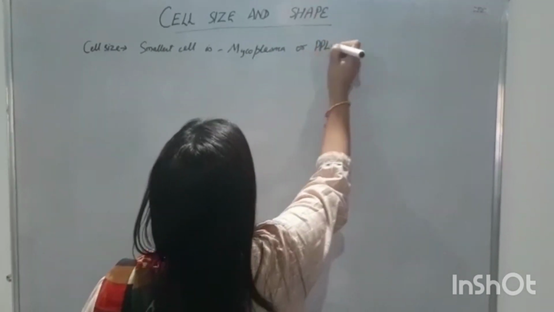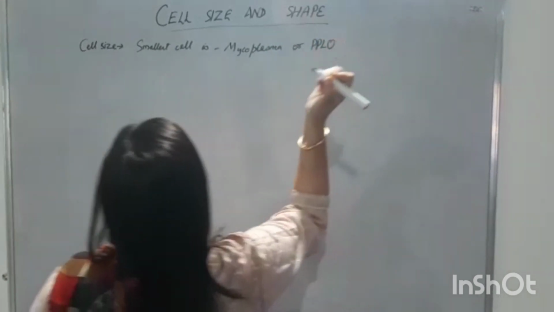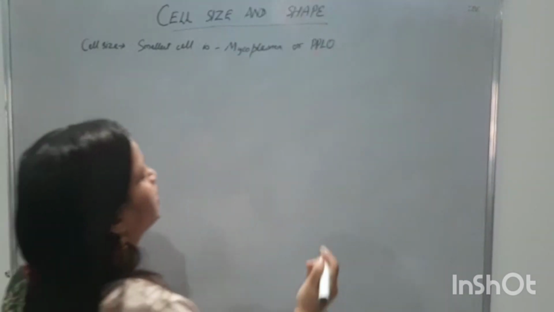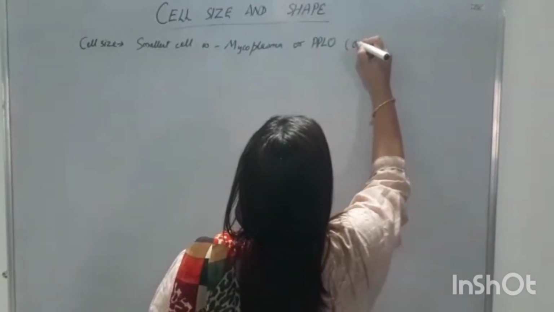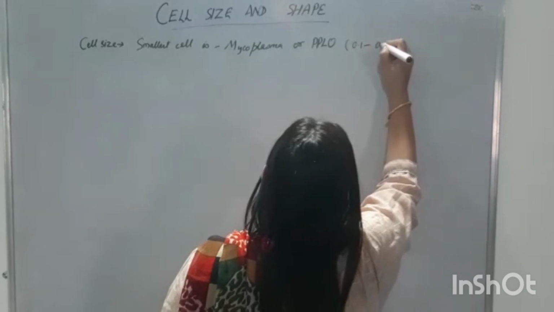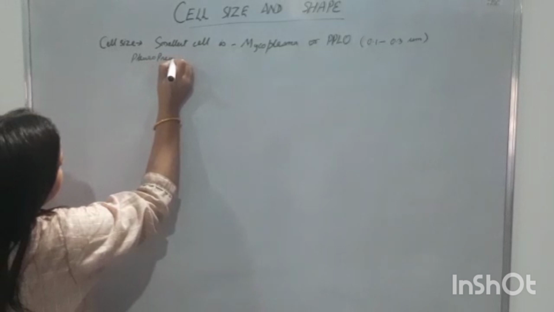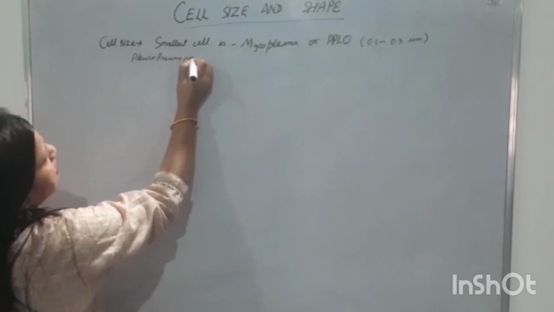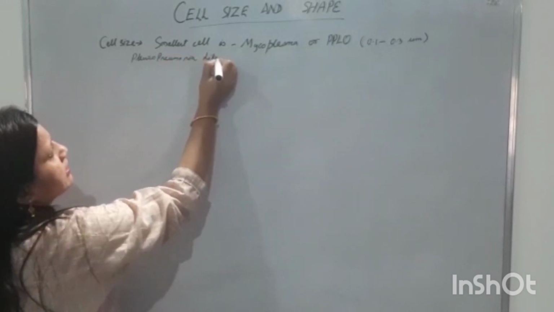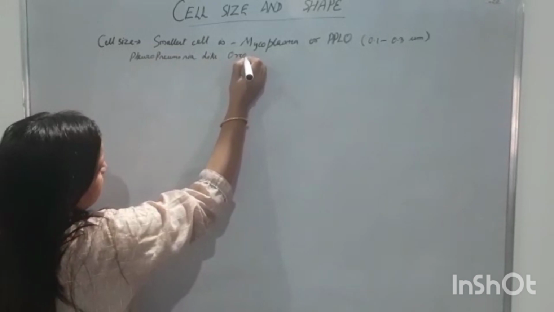It is a single cell unicellular organism and it is smaller than bacteria also, that ranges from 0.1 to 0.3 micrometer. Full form of PPLO is pleuropneumonia like organism.